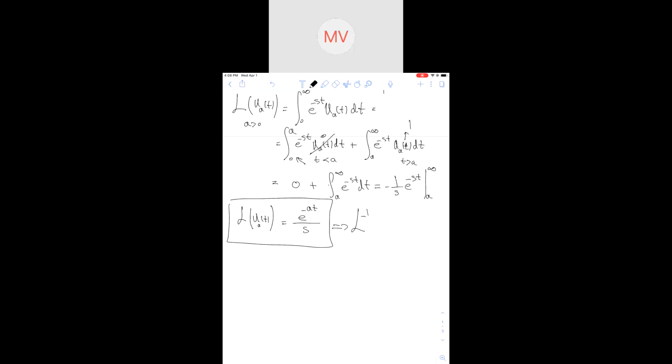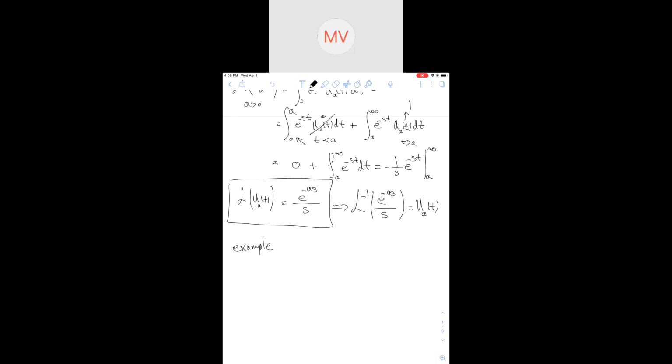That means, in terms of the inverse, the Laplace inverse of e to the negative a... I made a mistake here. That should be negative as. That's negative as, and that's also negative as. It has to be a function of s. This is simply u sub a of t. Okay.